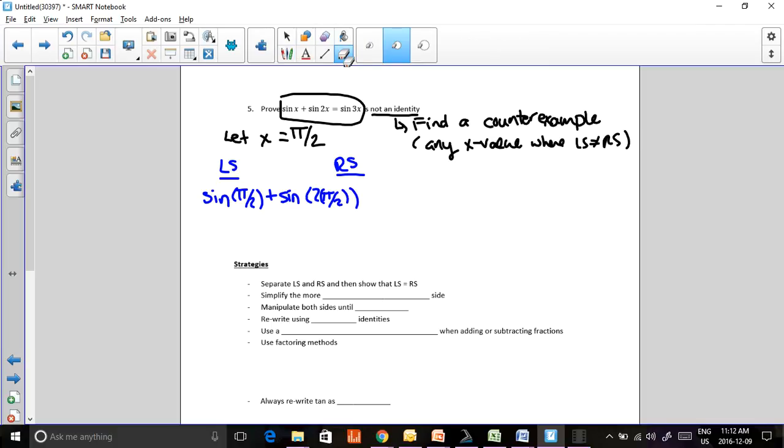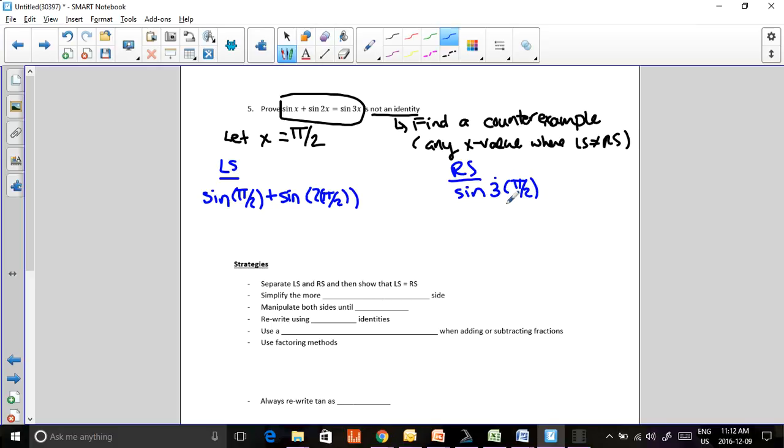Okay, and then my right side is the sine of 3 times pi over 2. Sine of pi over 2 is 1, and sine of 2 pi over 2, that's just the sine of pi, that's 0, so I get 1 on my left side.